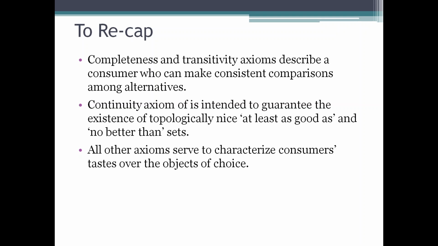So for instance, for convexity, we have been saying that it's much better to have a balanced combination of extreme consumption bundles. The consumer is not recommended to consume extreme consumption bundles, but it's much better for him. It will be much preferred, and he will have more satisfaction if he consumes a balanced combination of extreme consumption bundles.